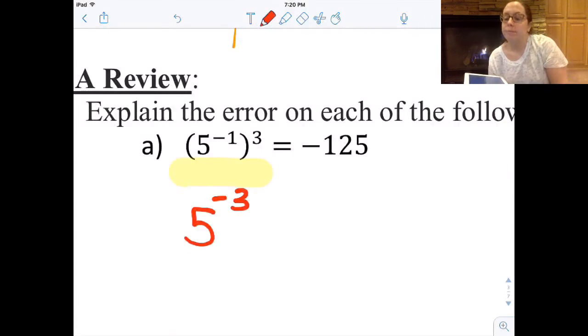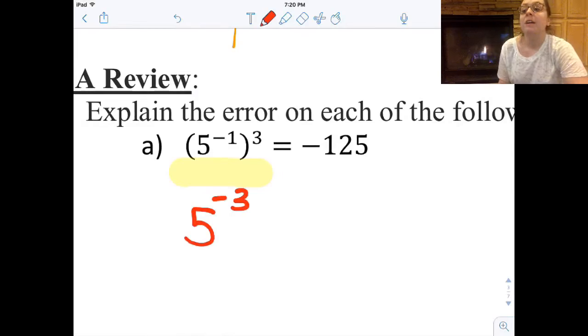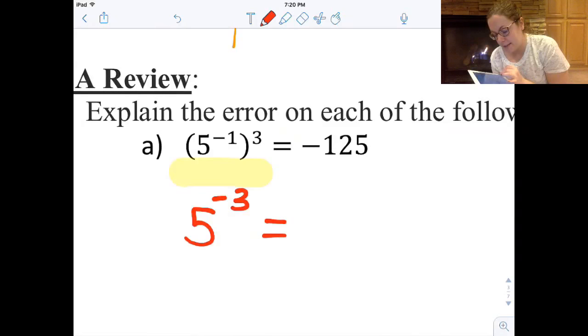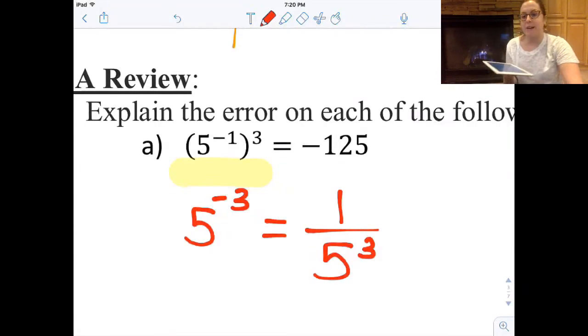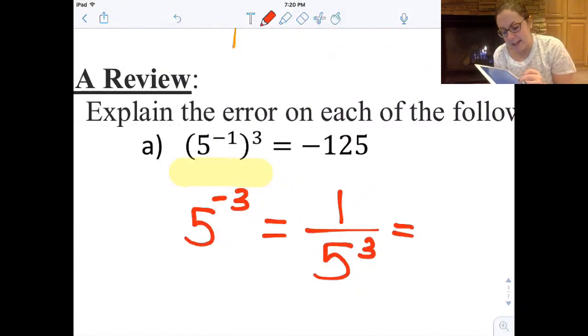A negative exponent just flips your base. It does not make your answer negative. So flipping my base, this would become 1 over positive 5 to the third. 5 stays positive. All that changes is the sign of the exponent. And that is 1 over 125. So what this person did was they thought the negative exponent would make the answer negative. But a negative exponent should flip your answer.